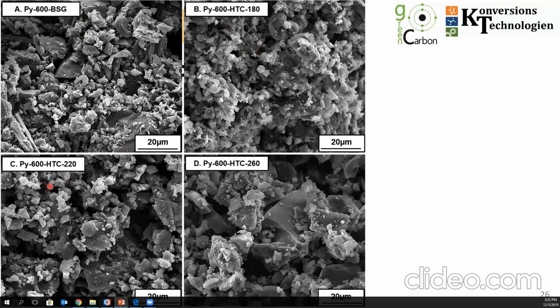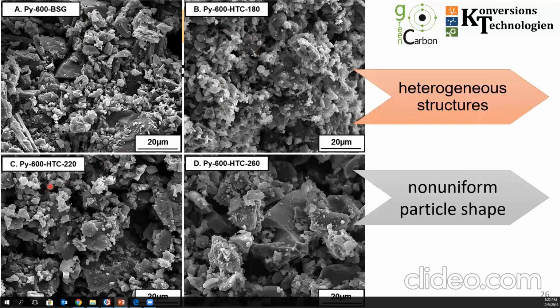And what we can see here is that they show heterogeneous structures and non-uniform particle shape, and they look very similar. So it means that the high temperature pyrolysis treatment leads to the metastable state of the material.